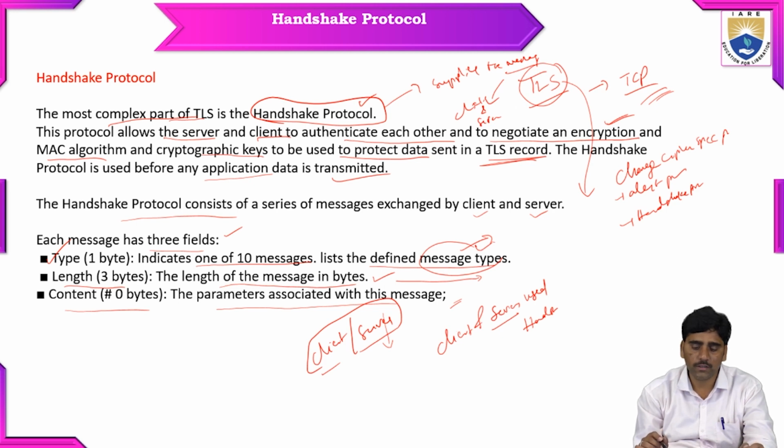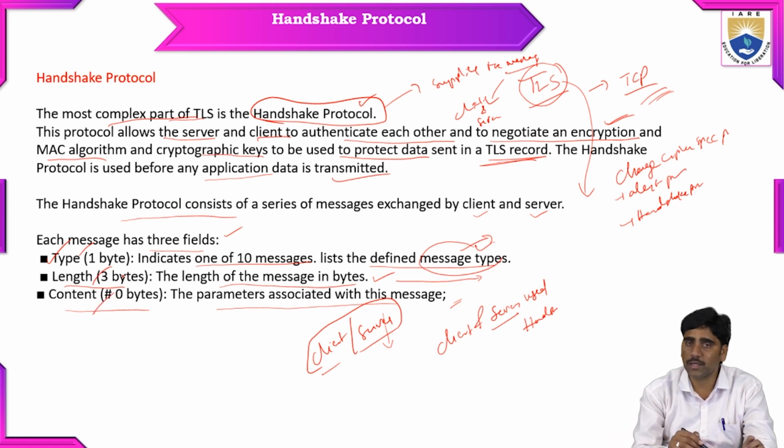So the client and the server are going to communicate or interact with the help of all these handshake message types. Each message has three fields. One is the type field, the second one is the length field, and the third one is the content field.